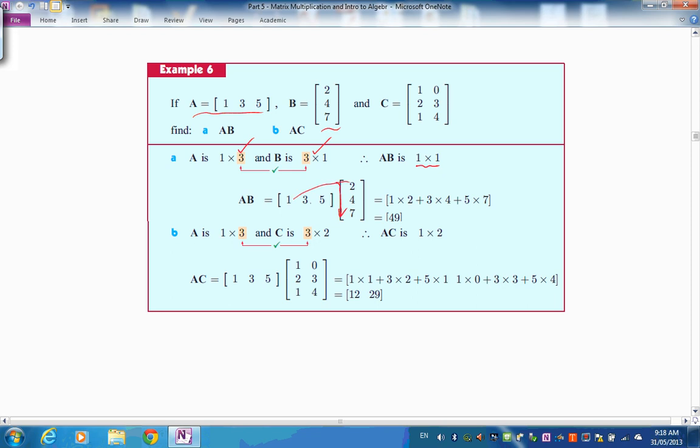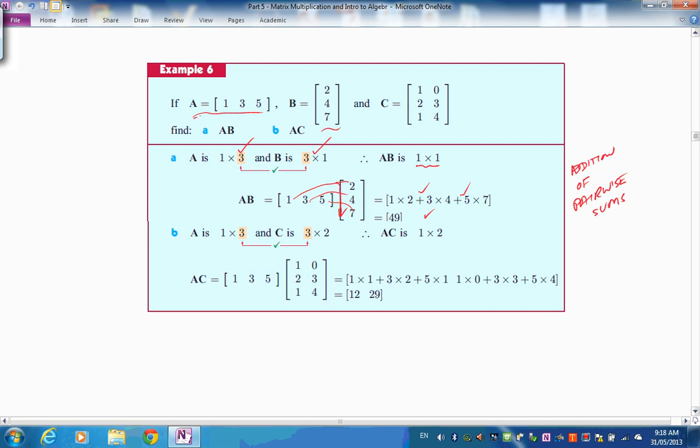So it's going to be 1 by 2 plus 3 by 4 plus 5 by 7. And you add them. Remember, matrix multiplication is the addition of pairwise products of entries. It's diving down. Okay, so it isn't just multiplication of numbers here. Okay, and so we get a matrix with 49 as the answer. It's a 1 by 1.